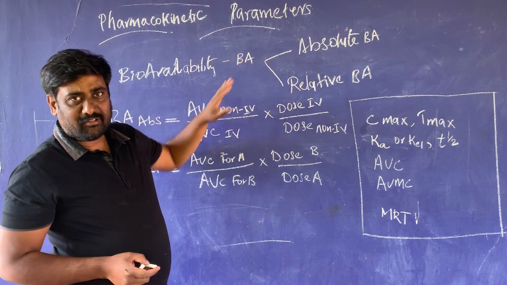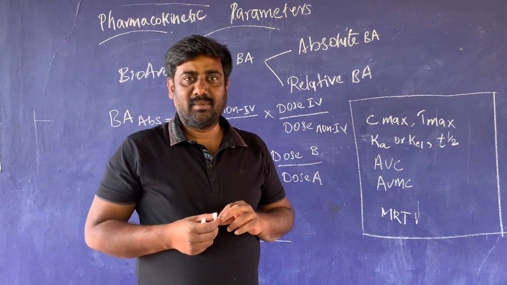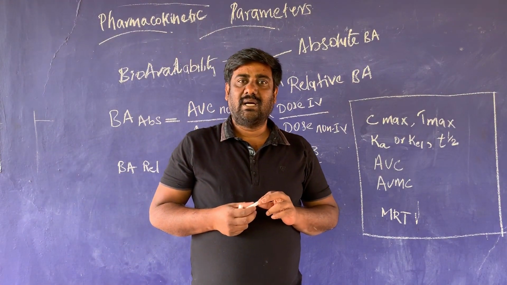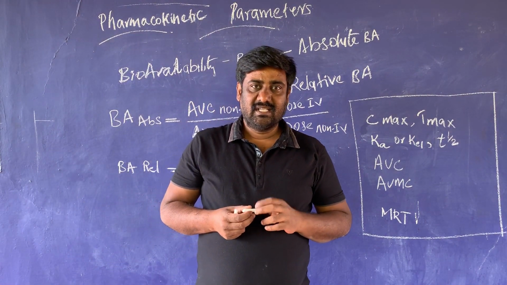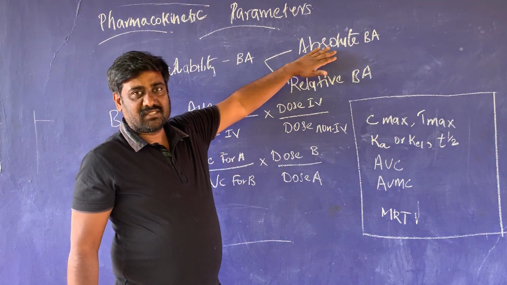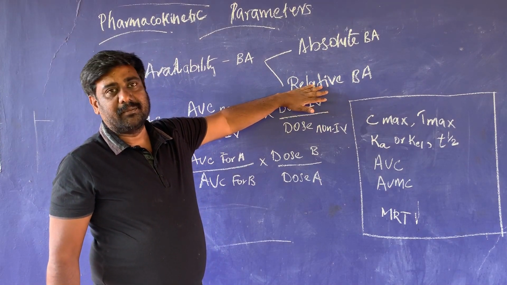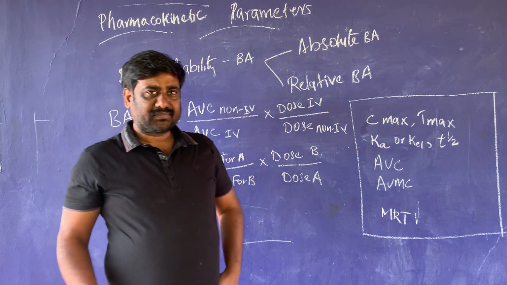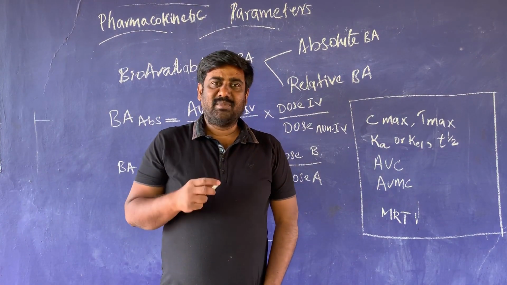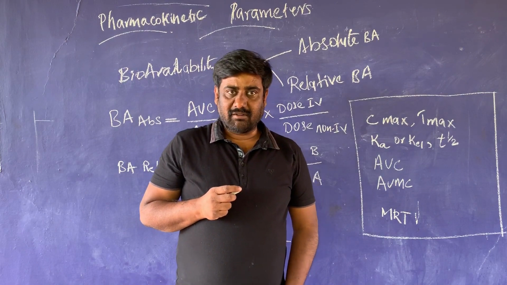So this bioavailability is nothing but the fraction of drug available in the systemic circulation or amount of drug present in the blood. There are two categories: one is absolute bioavailability, another one is relative bioavailability. You all know that when the drug is administered IV, that will give you 100% of bioavailability.